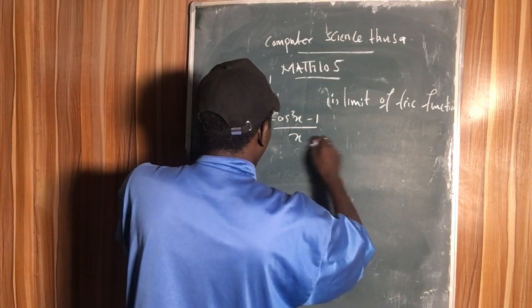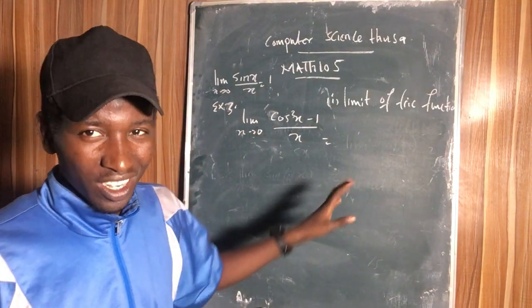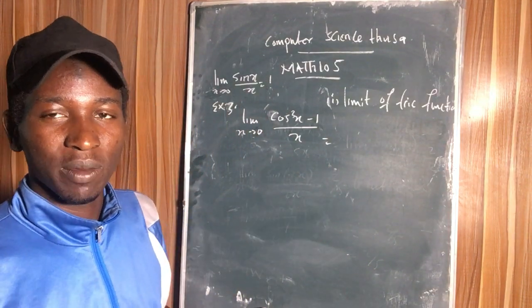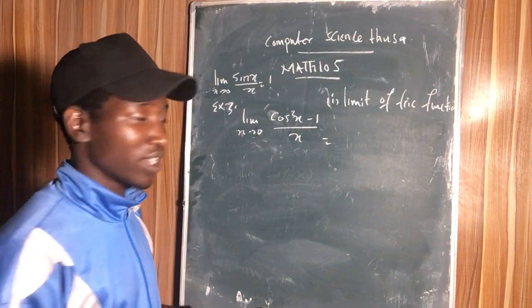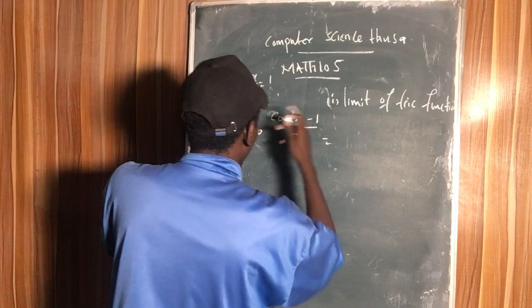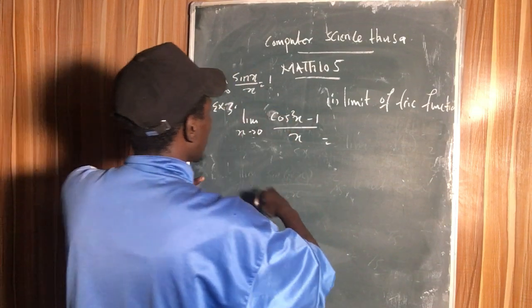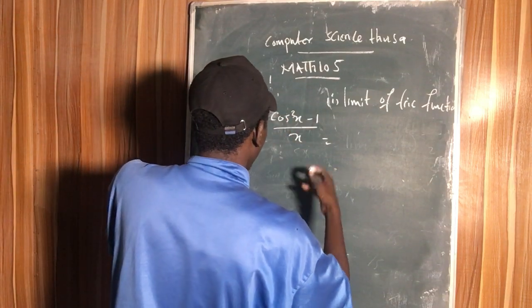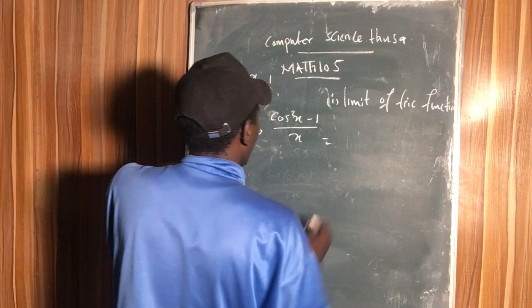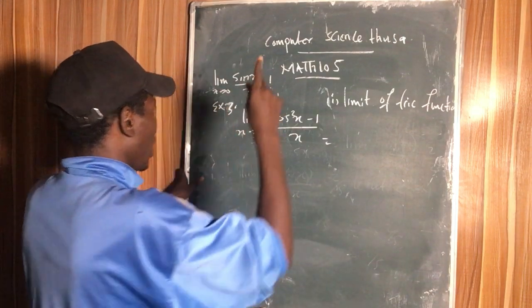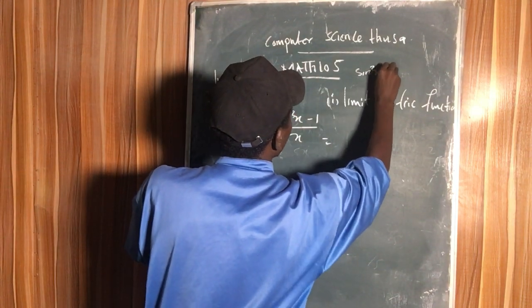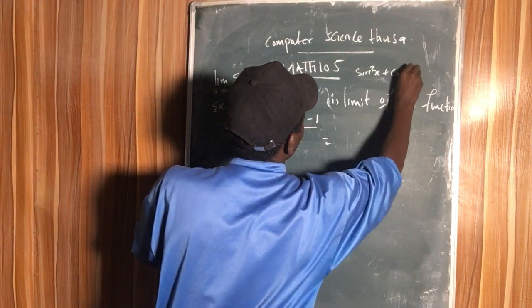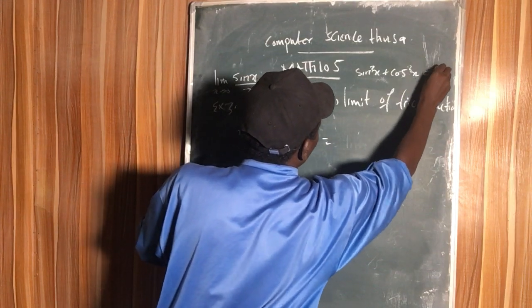I want you to find the trig identities, and when we get to the later videos, we will see how to derive trigonometric identities and how to use them in equations. So this is minus 1, but we have a trig identity which says sin square x plus cos square x is equal to 1.